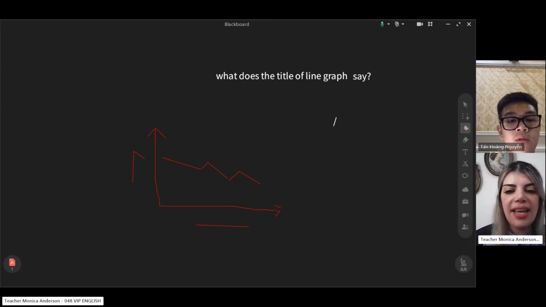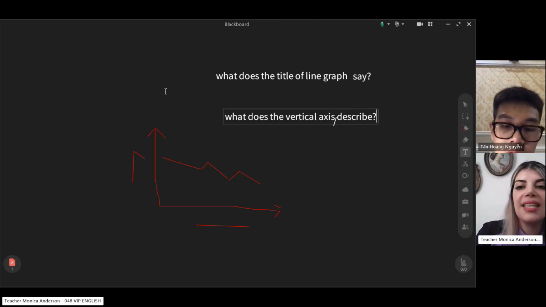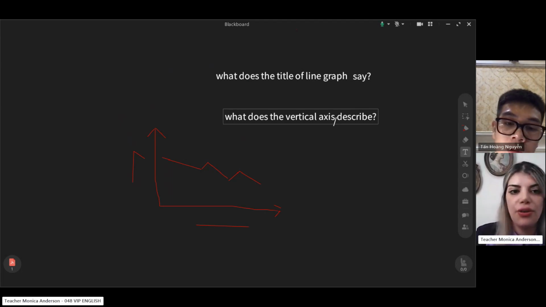The second thing that you need to know is to write about the axes. What does it mean? It means: what does the vertical axis describe? This is the second question that you need to answer.